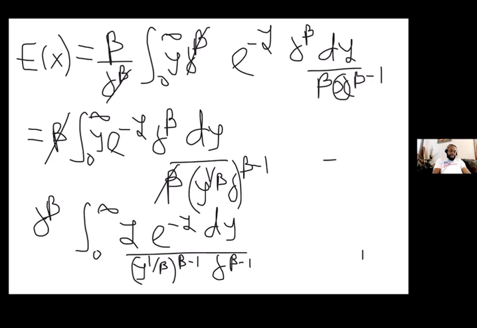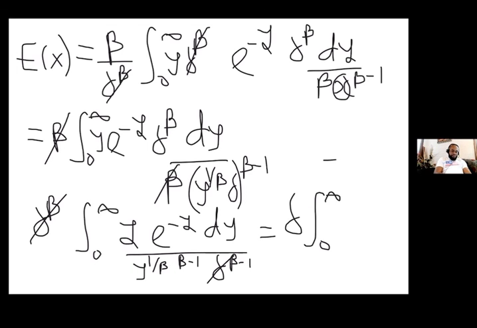Now if that is what you have right now, we can simplify more. This is going to cancel that, and theta raised to power minus 1 is going to go up, and it becomes theta. And then I'm going to have 0 to infinity. Now I want to simplify this.